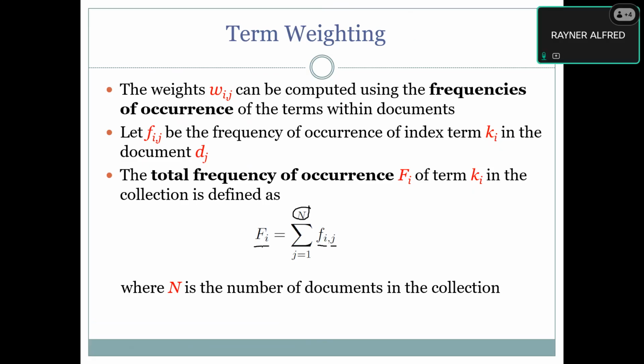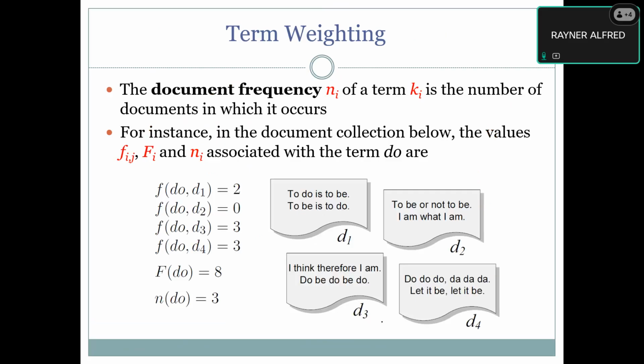So this is the total frequency. This is the frequency for each keyword in the document only. So capital I refers to the total frequency of occurrence of keyword i in the collection of all the documents that we have. Let me show you the illustration here.